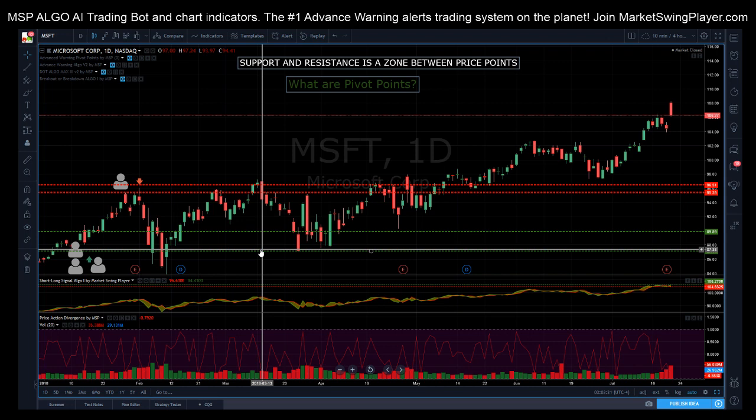So you're looking for potential reversals most of the time. Pivot points can be used on all time frames, and the price points will be different based on the time frame that you use.